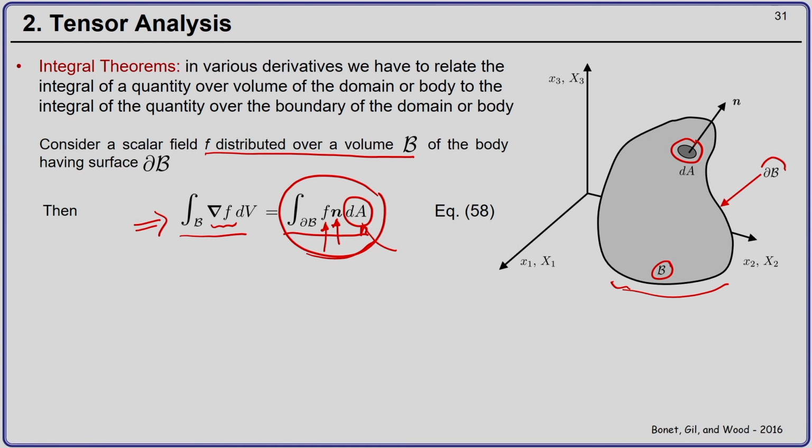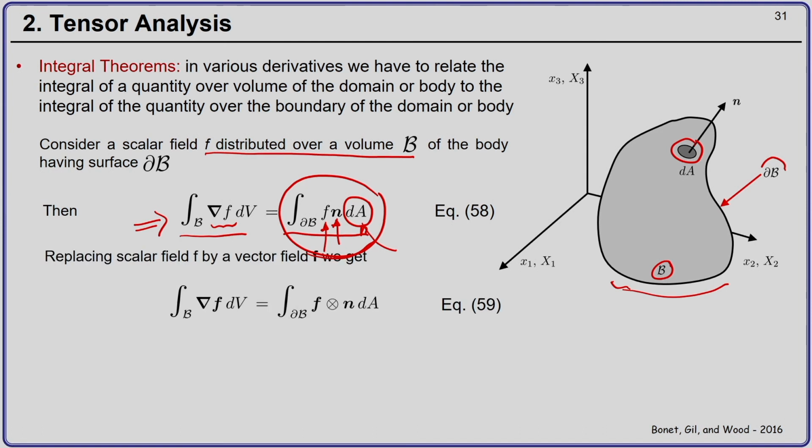Now, we can extend this to a vector field f, and equation 58 then becomes what is shown here in equation 59.